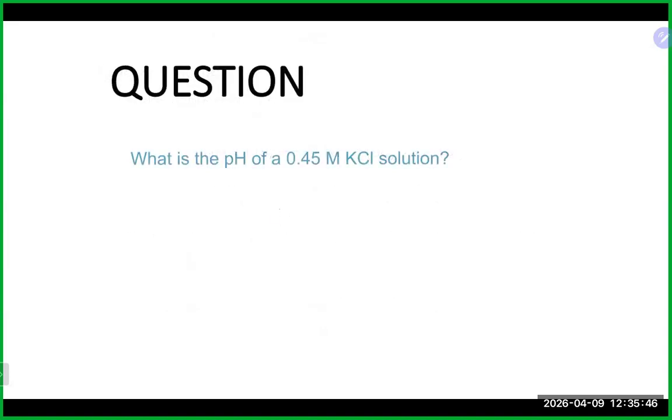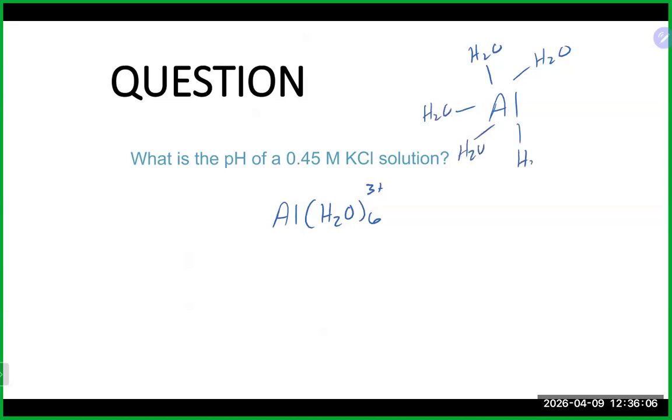So if you had something like aluminum that is surrounded by six waters, has a plus three charge, this is basically an aluminum ion that is attached to six waters. It is what we'll talk more about in a later chapter, really a complex ion.